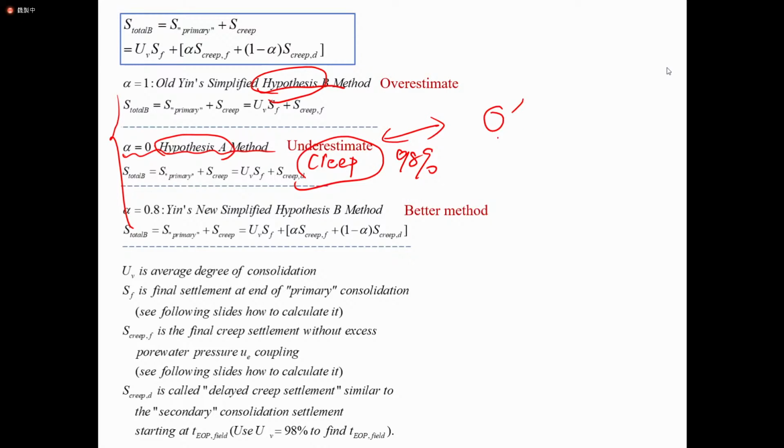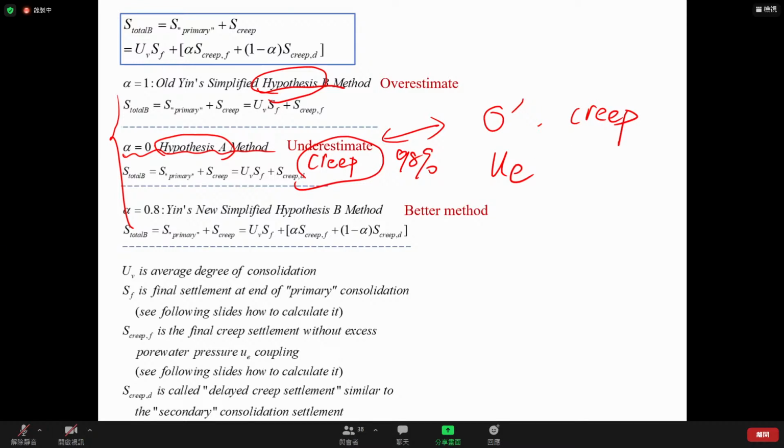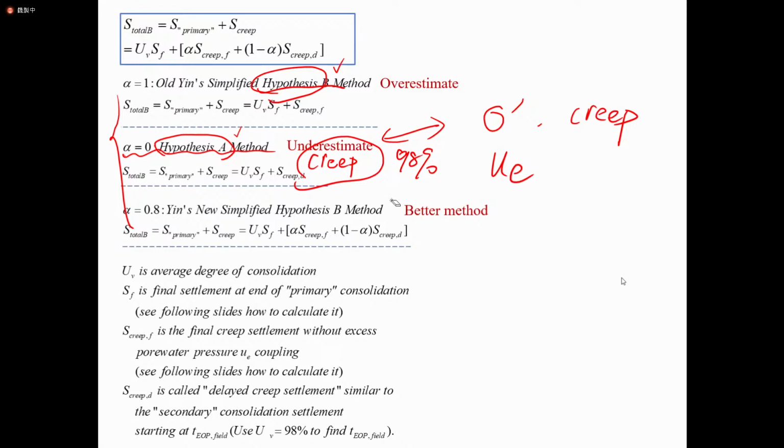That means when you have effective stress on the soil, we have creep. No matter whether the excess pore water pressure has been 98% or 100% dissipated, okay, no matter. So this is hypothesis B, this is hypothesis A, okay, this is the difference between both of them.